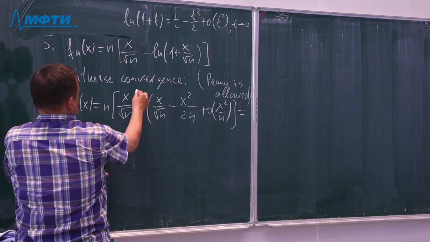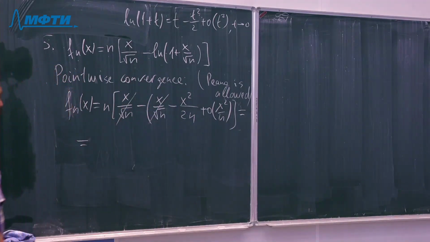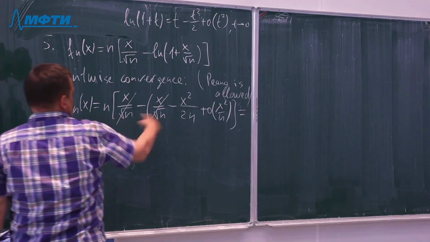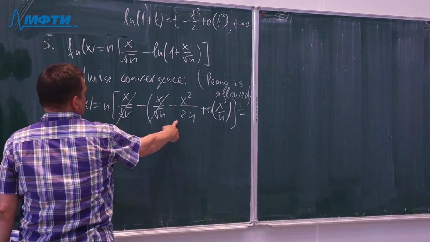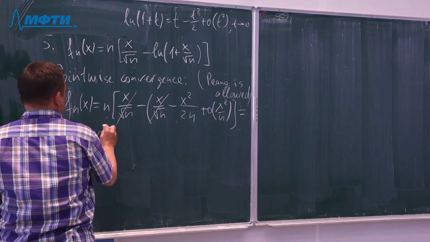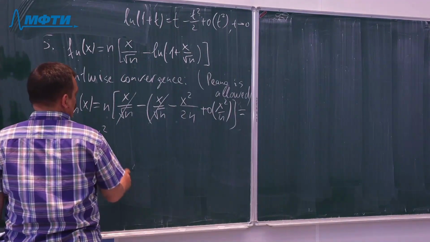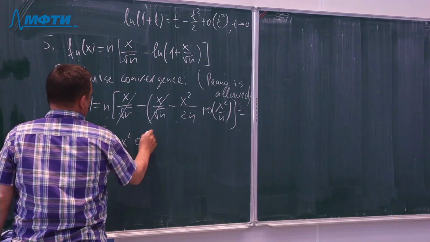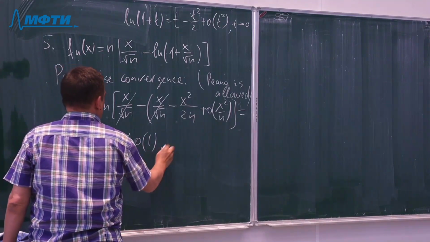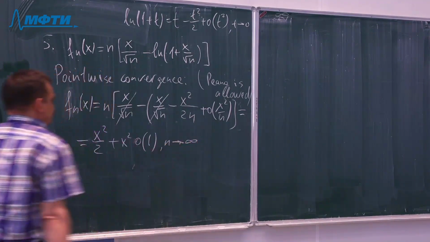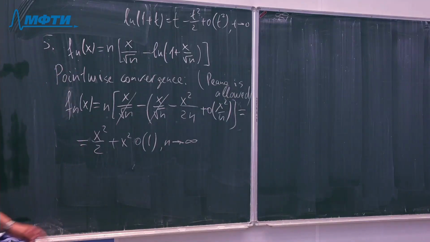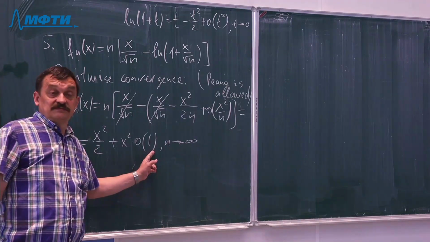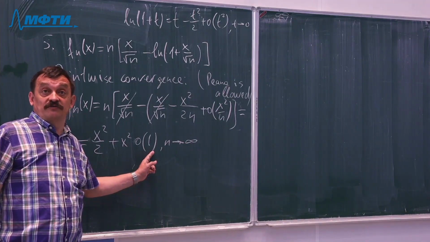So what we can do, we can cancel x over square root of n. After that, I can open brackets. It gives x squared over 2 plus x squared times little o of 1 as n tends to infinity. Little o of 1 tends to 0 by the definition of this symbol, right?